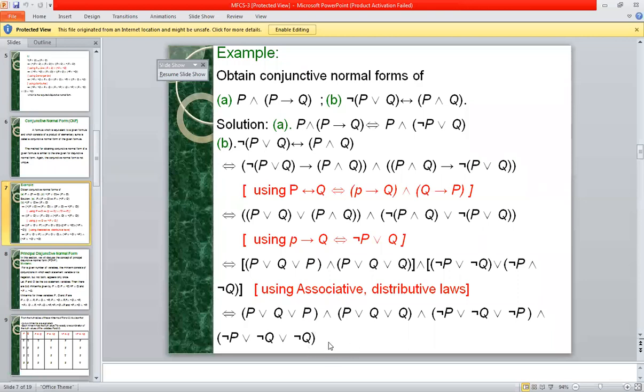This is the required conjunctive normal form of the given statement formula. For every step I mention which law we use. In this we apply the associative and distributive laws.